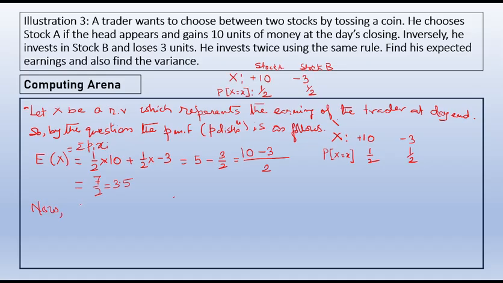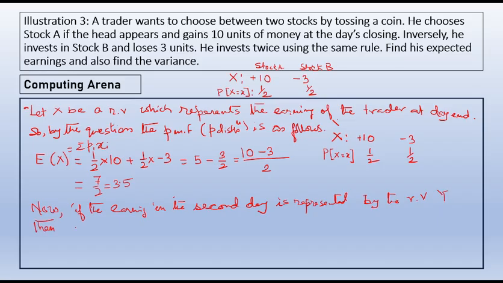So the first day let X be the random variable, and the second day be Y. Now, if the earning in the second day is represented by the random variable Y, then expectation of Y is equal to 3.5, since the rule is the same.